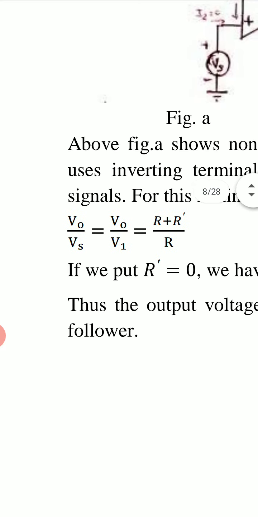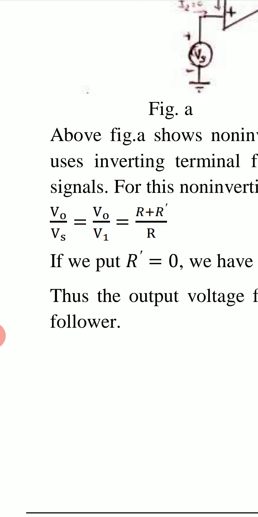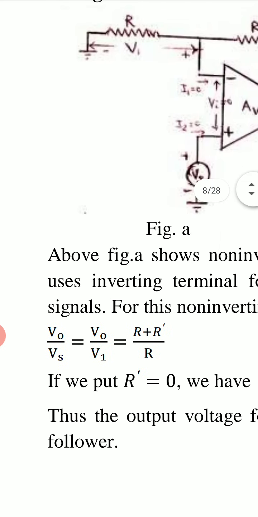So the ratio of output voltage to input voltage VO upon Vs equal to VO upon V1. Vs is equal to V1.